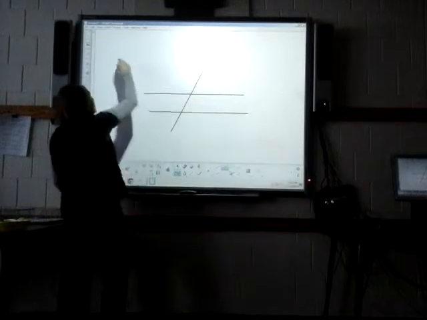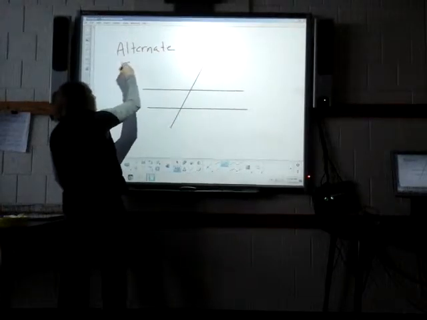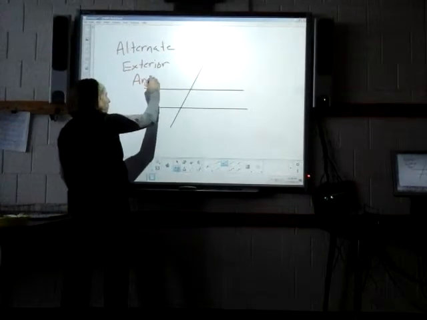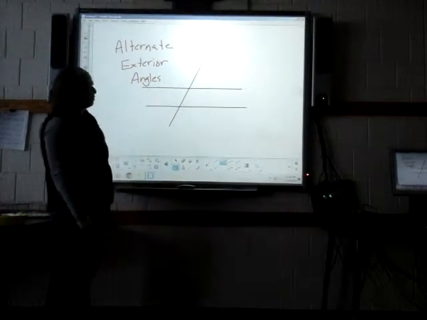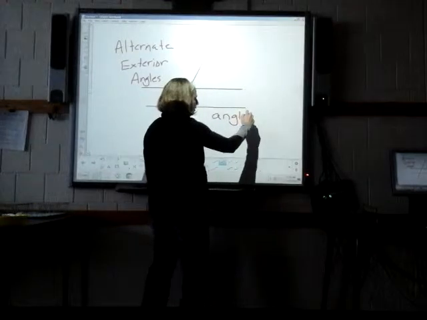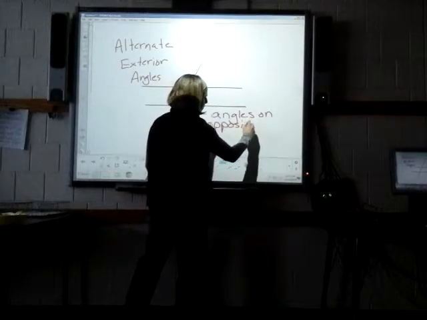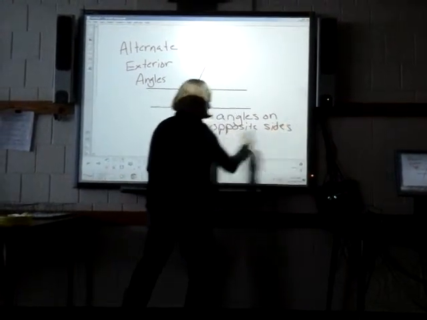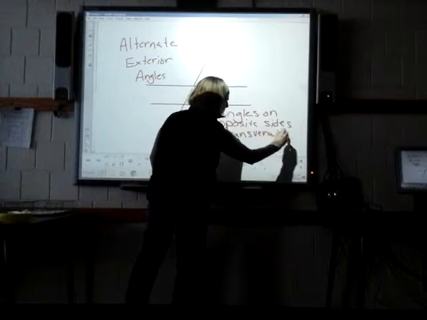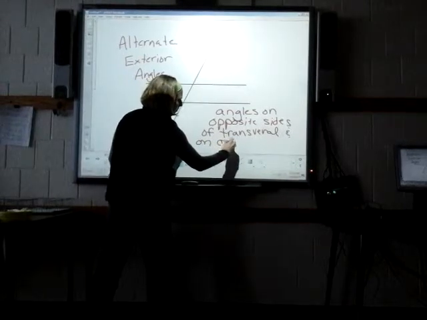Alternate exterior angles are angles on opposite sides of the transversal and on the outside. This is the definition.